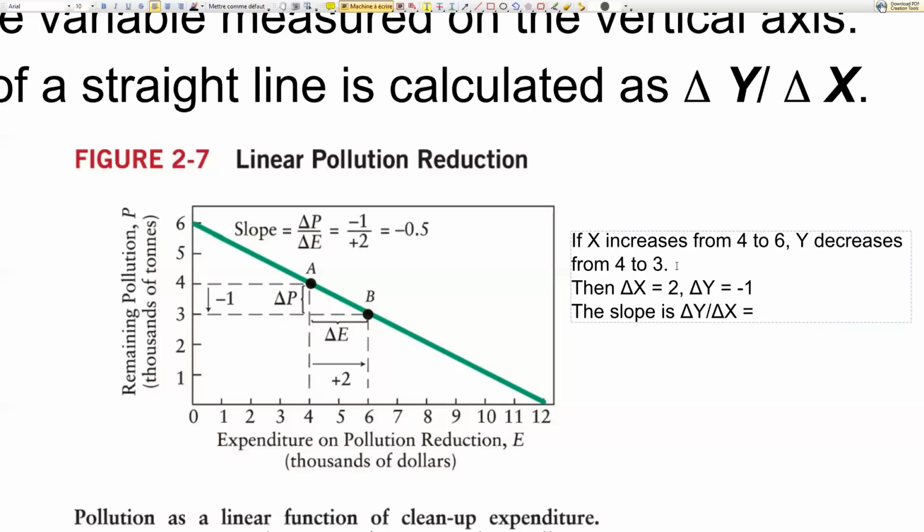So that's -1 divided by 2. So it's -1/2. And note that if I had taken a smaller change, from 4 to 5, then delta x would be 1, but delta y would be -1/2. So I would have gotten the same thing, since the slope is linear.